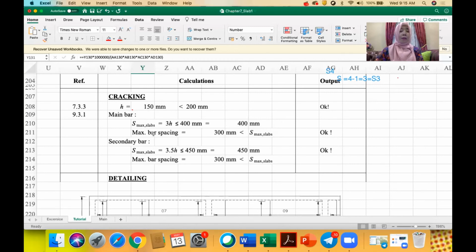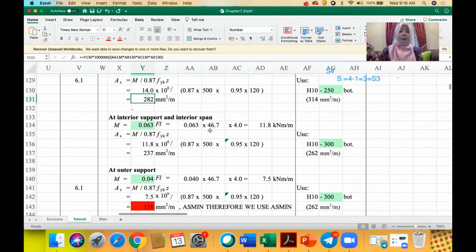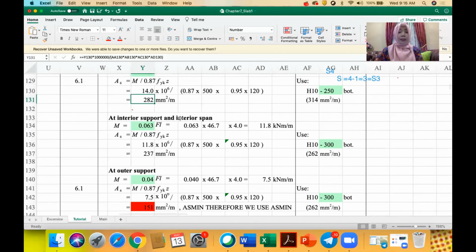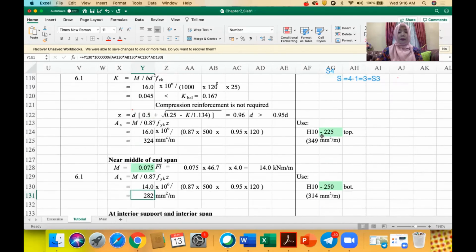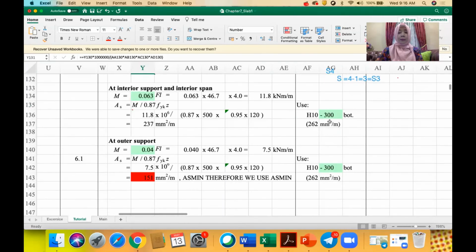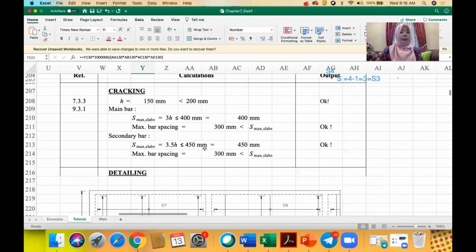Look at our main steel. The maximum spacing is at interior support we have 300, outer support also 300, middle span 250 and 225. Therefore, the maximum for the main steel is 300, and it is less than 400.